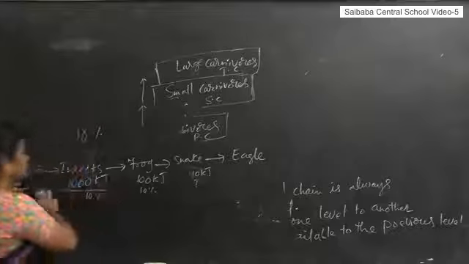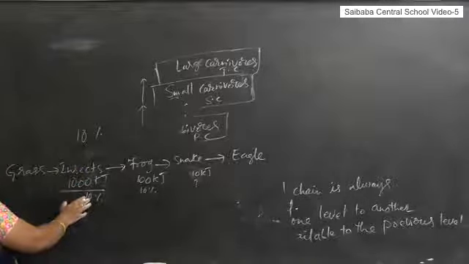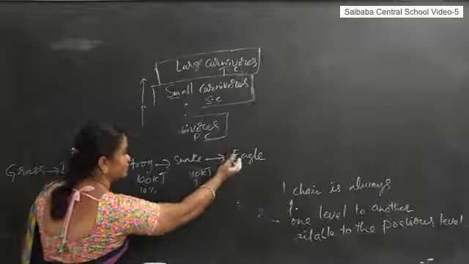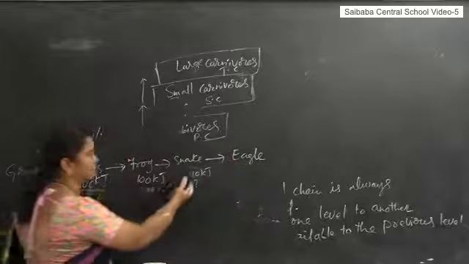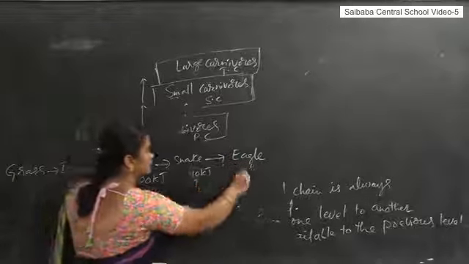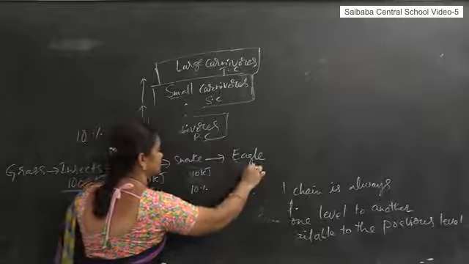So at any position they may ask you by giving the available energy, and they will ask how much energy is available at any one particular point. For example, if they ask for snake, the answer would be 10 kilojoules. Now at the position of eagle, if they ask, what would be your answer? 10% of 10 kilojoules, that is 1 kilojoule.